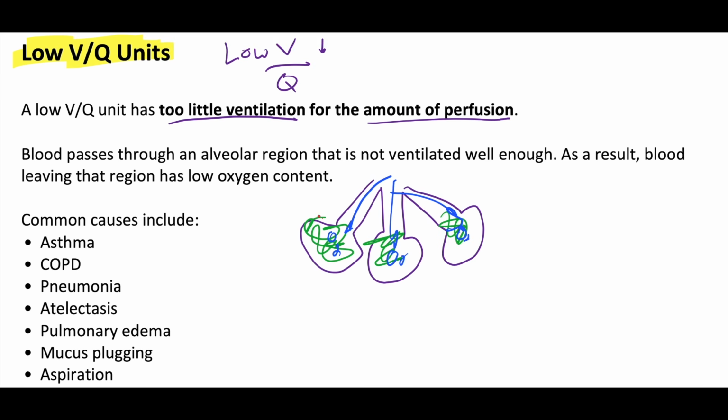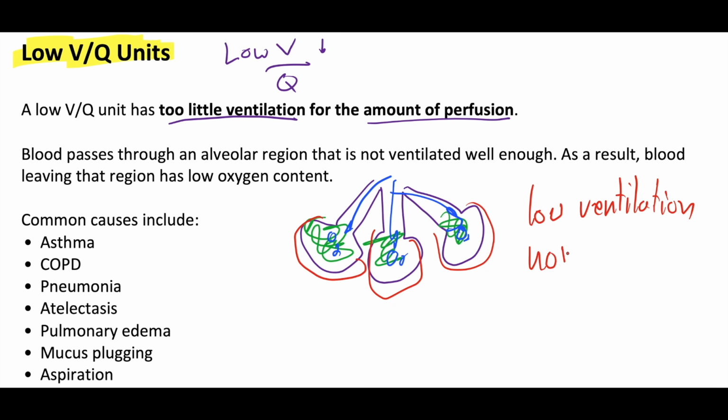But they're still getting blood flow, right? They're still getting perfusion. So you're going to have low VQ. You're going to have low ventilation to these units, but normal perfusion to them. And that's going to be a VQ mismatch, a low VQ match.